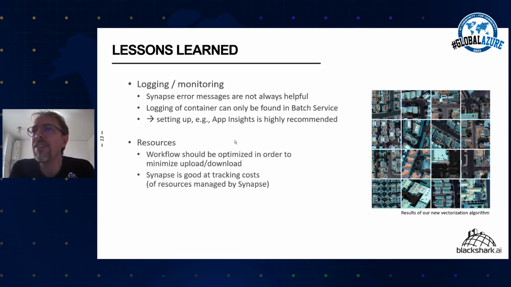Resources: when you're doing a lot of downloading, uploading, and similar, if you're not choosing the right size, your workflow actually becomes I/O bound, so your nodes are twiddling their thumbs. It needs some tweaking so that you're not I/O bound, but that you're using your nodes to full capability. On the plus side, Synapse is really very good at tracking costs, at least for resources managed by Synapse.